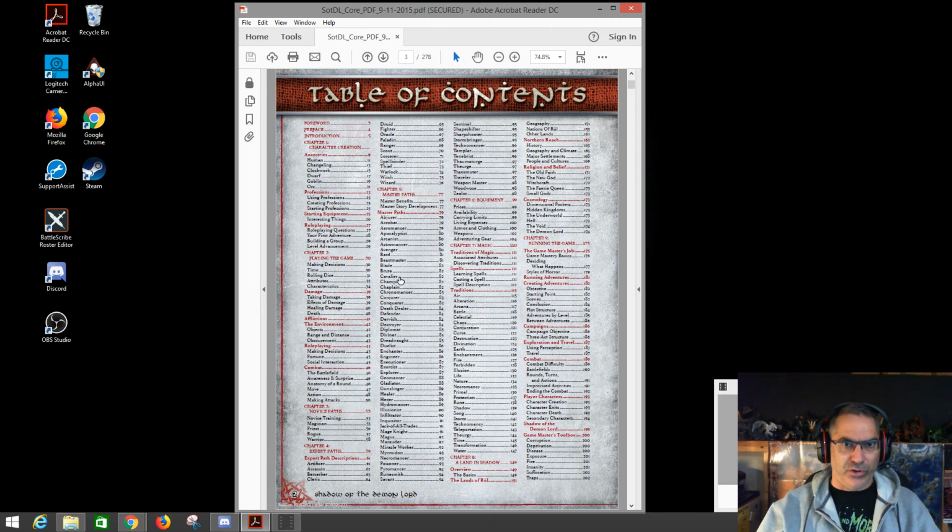How does task resolution work? What do your character's attributes mean, and how do they interact with the game? And it also goes over the other characteristics of your character. The next section is the damage section, and the damage section goes into great detail on how a character tracks the damage that they take and what effect that damage has on them.